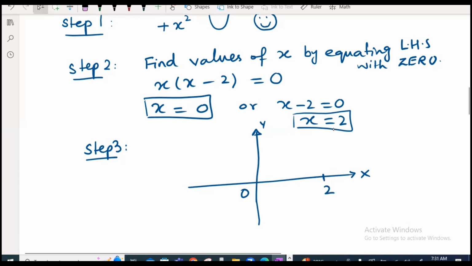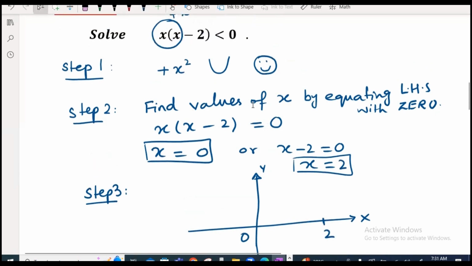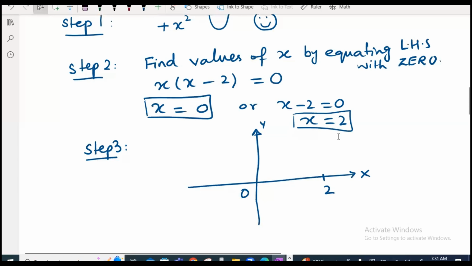So this is 2 here. So in step number one, we have decided this type of parabola will be drawn with the help of these two values, 0 and 2. So I am going to draw a parabola passing through 0 and 2.